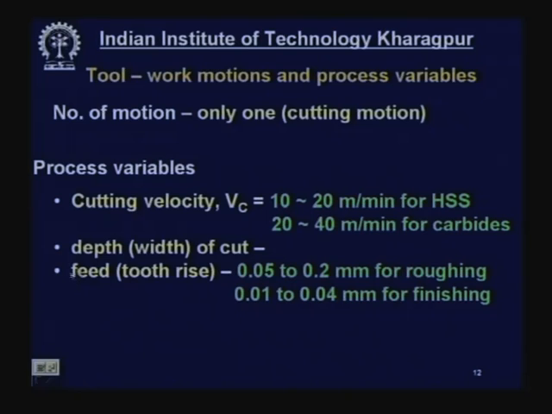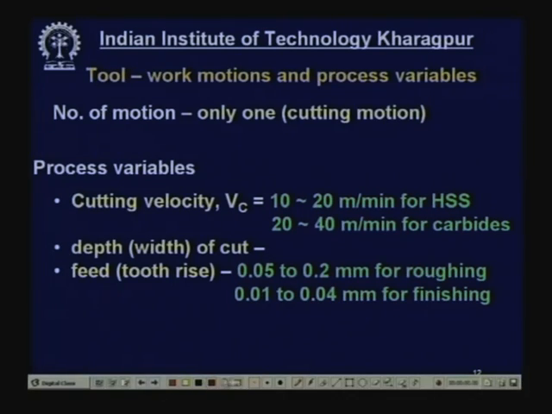Now, what is depth of cut? Depth of cut will be decided by the length of the cutting edge involved in cutting. If it is a circular hole which has to be made by a broach in a block, then the total perimeter is the width of cut, that is the length of the cutting edge involved in machining.